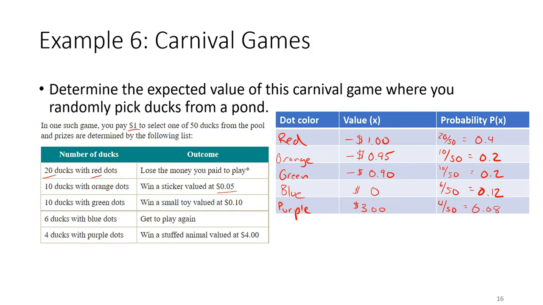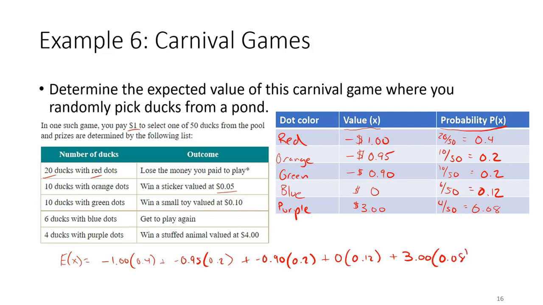So to find the expected value of a random pick of a duck, we just need to multiply the value of our outcome times the probability of that outcome, and then add them all up. So the expected value is going to be -1 times 0.4 plus -0.95 times 0.2 plus -0.90 times 0.2 plus 0 times 0.12 and then plus 3 times 0.08.